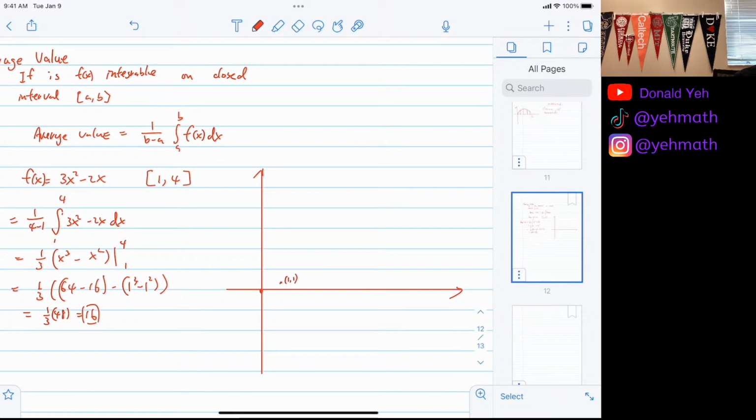If I plug in 4, it goes all the way to 40. Now, if I do integration between 1 and 4, this just means this area here.